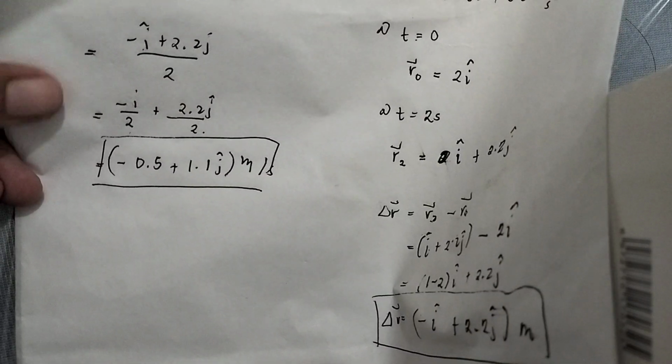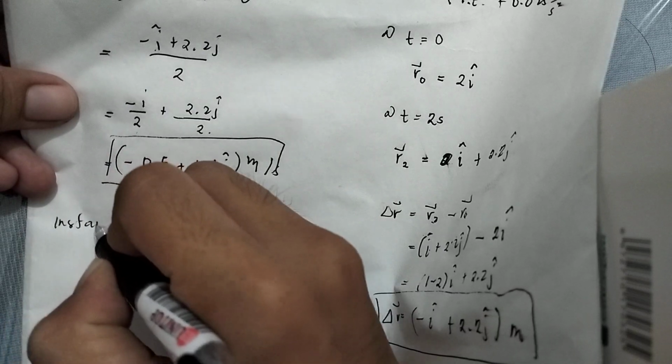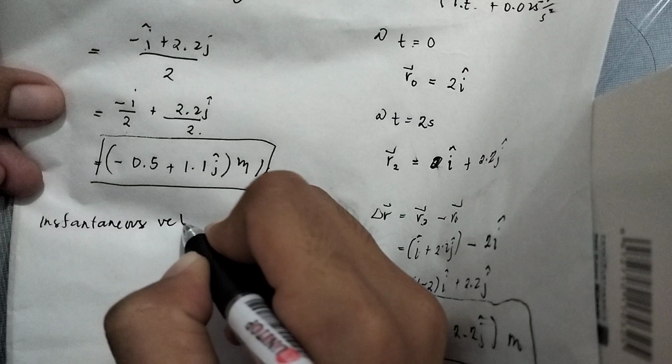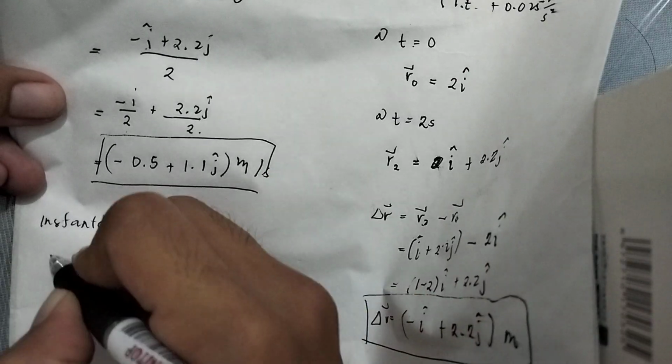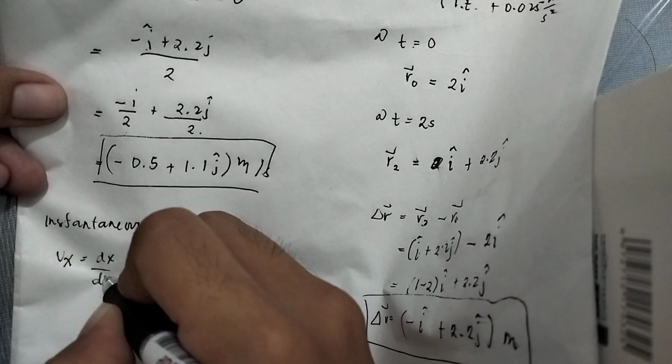So, we can also get values for the instantaneous velocity. What we have here is Vx equals dx over dt.